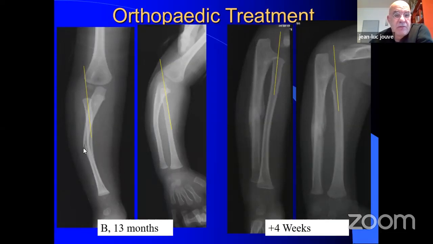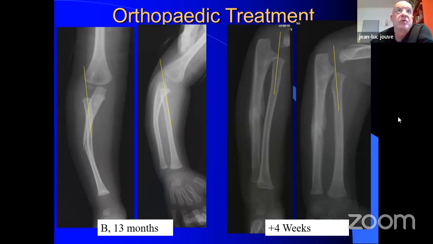It is due to the fracture of the ulna. It is a greenstick fracture, and you can do the reduction of the ulna, and you see that when you have done the reduction, the axis is on the capitellum, and you have treated your patient with the good treatment.